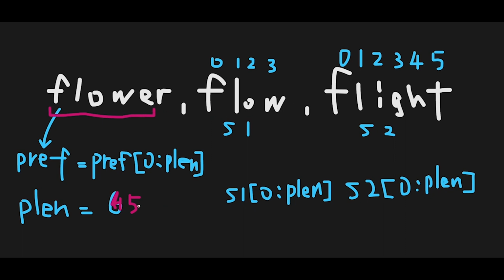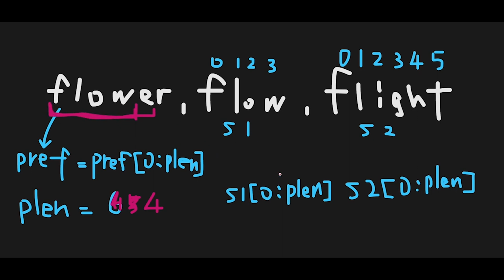They are not the same. In that case, add -1 to plen, 4, and plen is not 0. After that, update prefix from 0 to 4, 0, 1, 2, 3, but 4 is not included, so now flow.